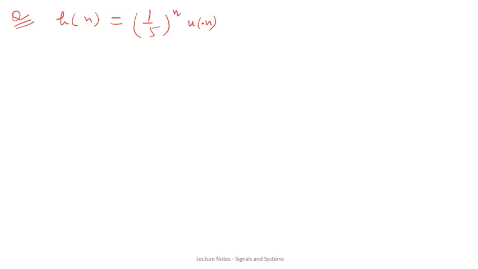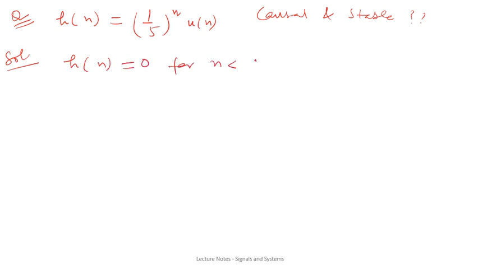The question is same, that you have to tell whether this system is causal and stable. Obviously this h[n] is 0 for n less than or equal to 0 because u[n] is attached here. So that will mean that this system is a causal system.